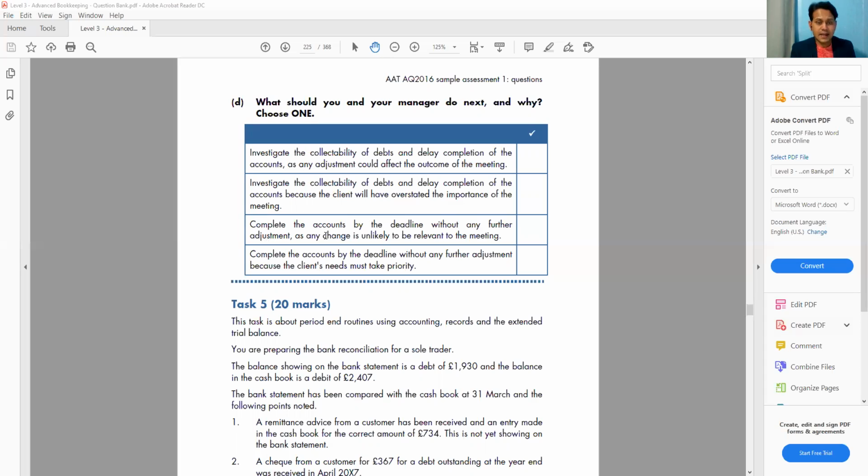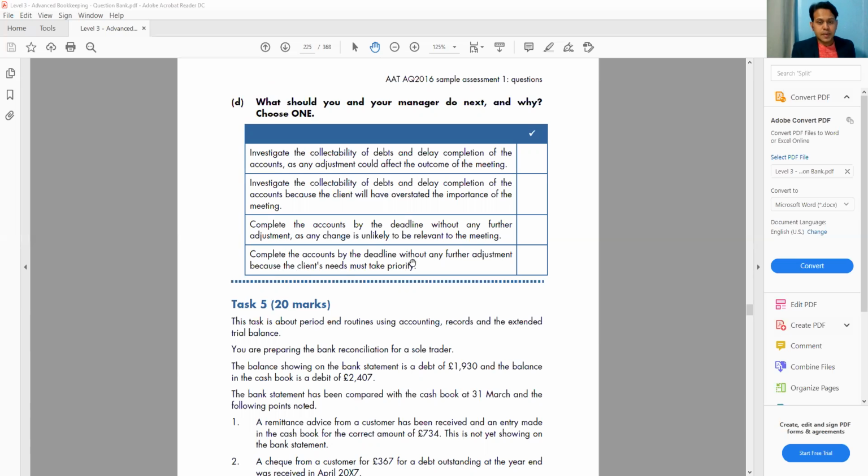Complete the accounts by the deadline without any further adjustment, as any changes are unlikely to be relevant to the meeting. So the next one is saying obviously you don't have to worry about it, just submit and meet the deadline, because whatever adjustment you make, that will not be relevant to the meeting. That is not true, because if the financial statement is part of the meeting, anything I change will change the outcome of the meeting.